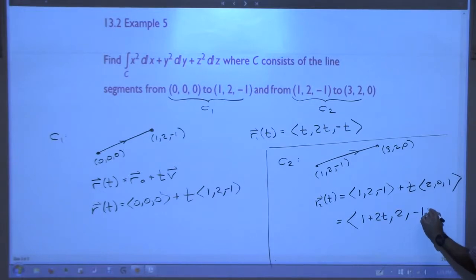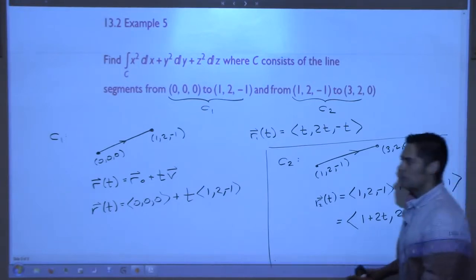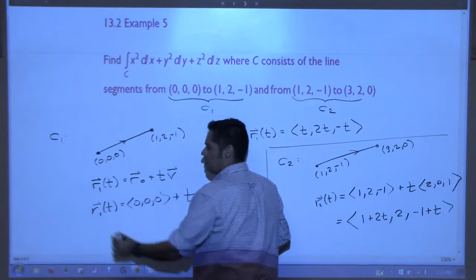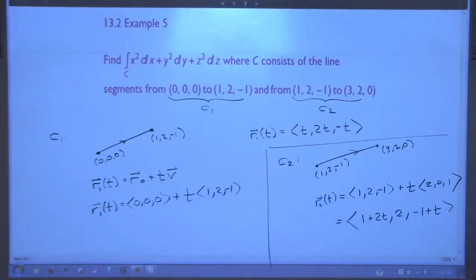You could write t minus 1, whatever. Any questions on the parameterization of that? I'm keeping these as vector functions, not writing them as parametric equations, but I could easily do that. Okay.